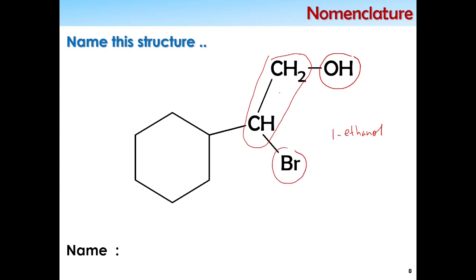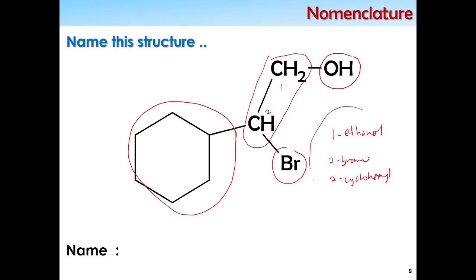And this one has bromine attached at carbon number 2, so it will be 2-bromo, and also cyclohexane here is attached to carbon number 2, so it will be 2-cyclohexyl. So if you combine everything, the name for this compound will be 2-bromo-2-cyclohexyl-1-ethanol.